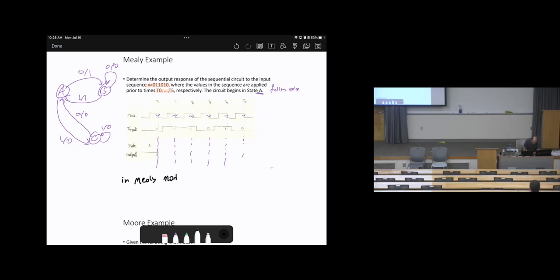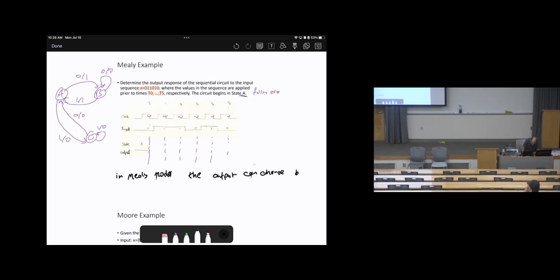In Mealy model, the outputs can change between the clocks, between the edges, which means output can change instantaneously. This is one feature of it.